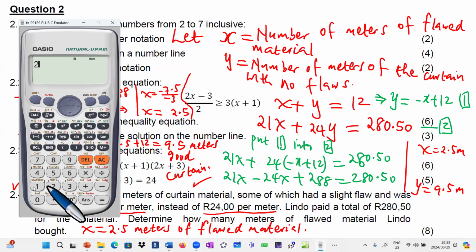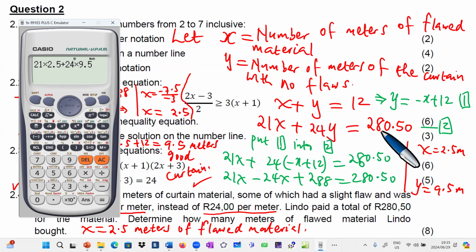Okay, so the X, 2.5, and the Y, 9.5, multiplied by 24. Now you put the X here, which is 2.5, and the Y, which is 9.5, but you multiply by 24.